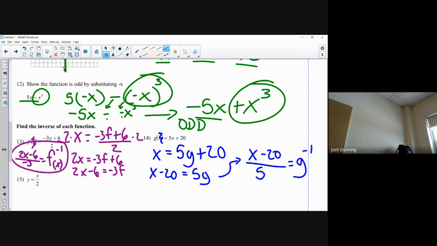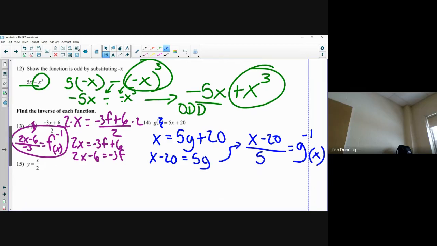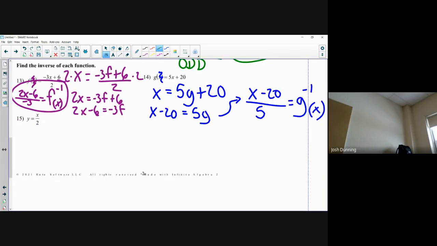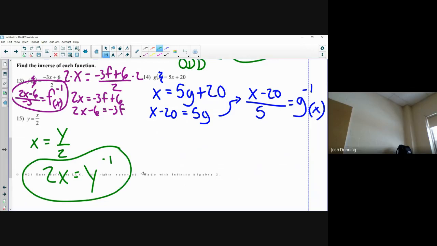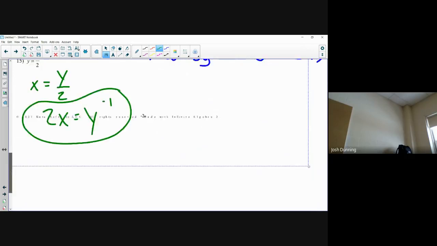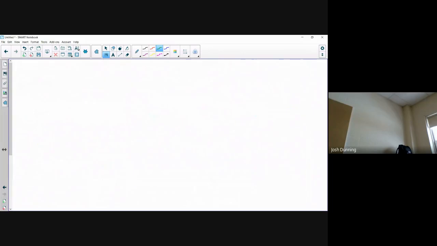Put the -1 on to be an inverse, put the of x part back on. And 15, 15 is the easiest one here. Swap y and x, there's no function notation. Multiply by 2. Put the -1 on. And there you go. I think, yeah, that's it.